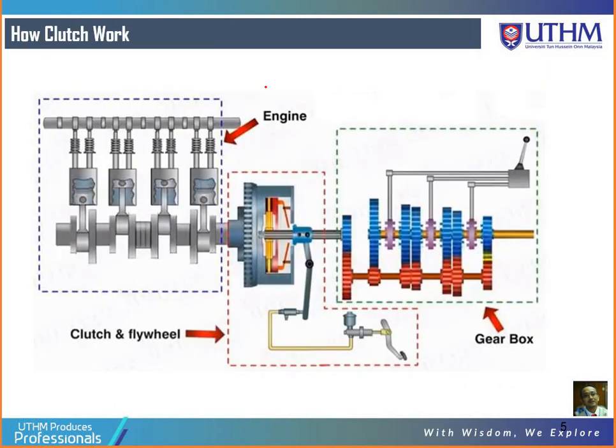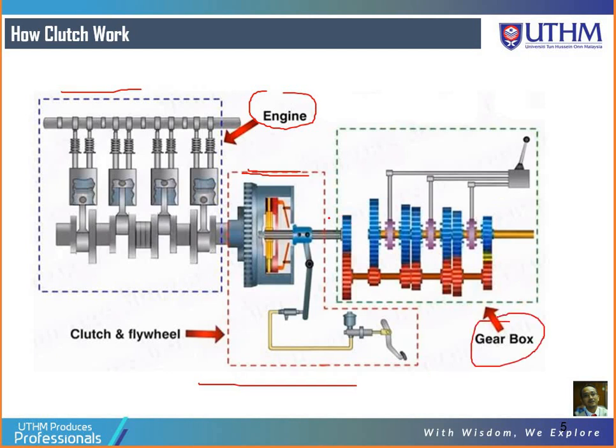Okay, let's see a bit on how the clutch works in our vehicle. The center one is the clutch mechanism. This is the lever to engage and disengage the clutch, whereas on the left hand side is our engine bay, and on the right hand side is our gearbox.